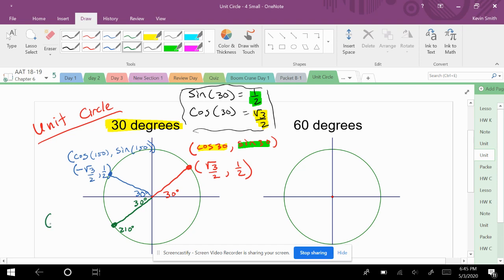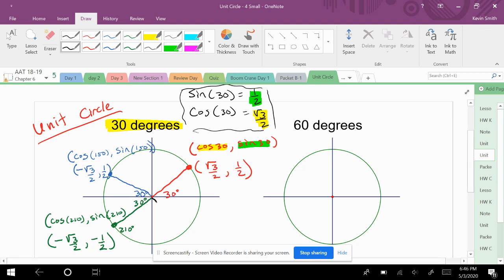So this point, which would be cosine of 210, comma sine of 210, is now going to be negative root 3/2, because cosine is negative in this quadrant, because it's using the negative x-axis, comma, negative 1/2, because sine is also negative in this quadrant.